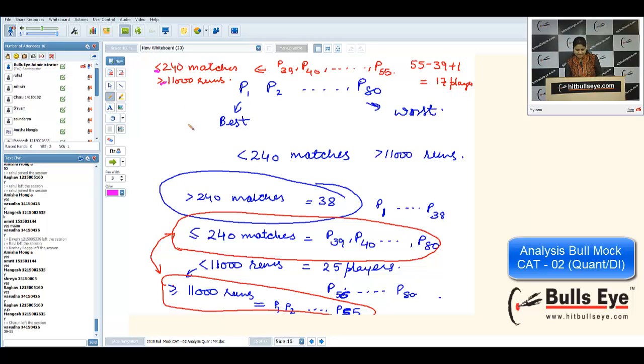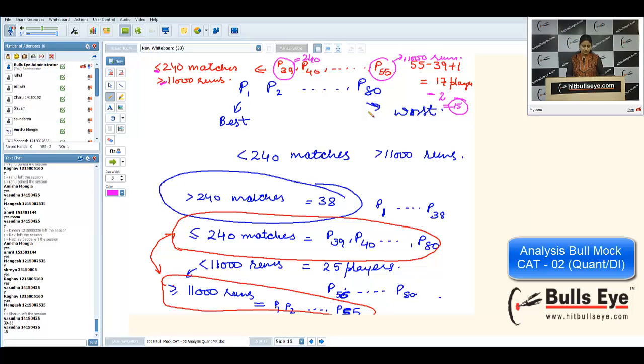So I will consider that P39 is playing exactly 240 matches because I want to minimize it. And for P55, I'll consider he is scoring 11,000 runs exactly. So equality is out. That's why we are subtracting 2 players and we are left with 15. That is the answer in this case.